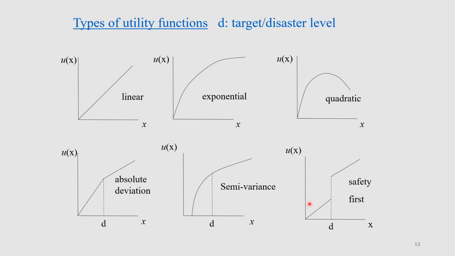And then finally the safety first one, which I've worked with in several projects. Once you reach the disaster level, you're much more interested in getting income than you did up to that point. So you want to ensure that you get to this disaster level and don't fall below it. That's indicated, of course, by the higher utility you gain once you're past that disaster level.